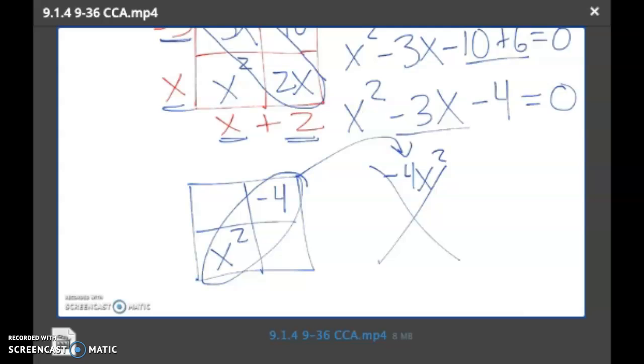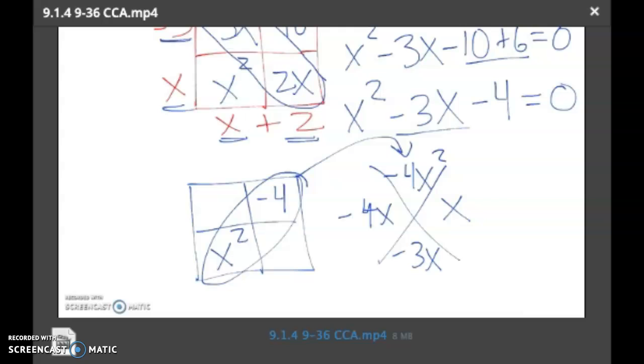My x terms go in the bottom of my diamond. And now I'm thinking about those factors that multiply to give me negative 4x squared and add up to give me negative 3x. So those would be negative 4x and positive 1x. When I add those, I get negative 3x. When I multiply them, I get that top term.